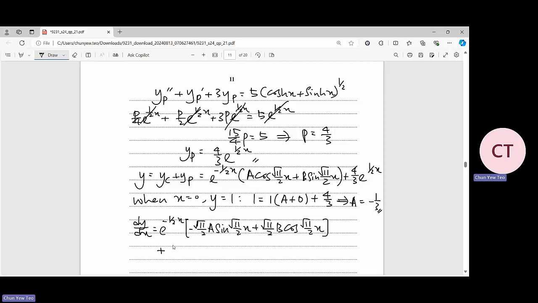Plus, keep the right, differentiate the left. Then after that, you differentiate this. You get 2 over 3 e to the power of 1 over 2 x.